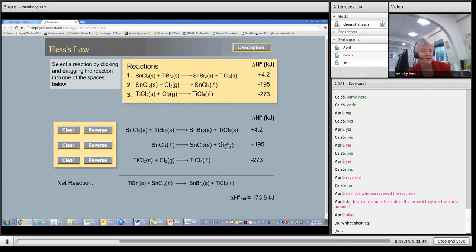So this is the way you would use Hess's law: you would just swap them around until you get to what you want. So let's go and do some examples. I'm going to teach you a short way and a long way and tell you when you should do which one. So let me just go from current slide.